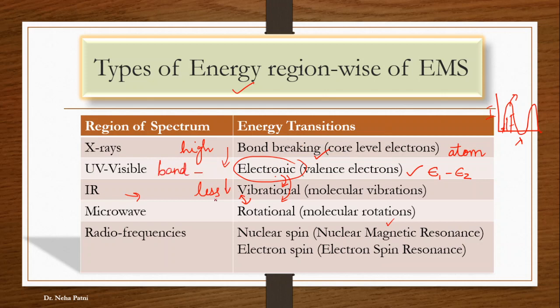And then you go further down to lessen the energy, it is vibrational in infrared, followed by microwave, which can only transit in rotational level. Radio frequencies are also important in terms of spin of nuclei and electrons. So in terms of magnetic field, if we want to study the sample with the help of NMR spectroscopy or ESR spectroscopy, radio frequencies are of importance then.